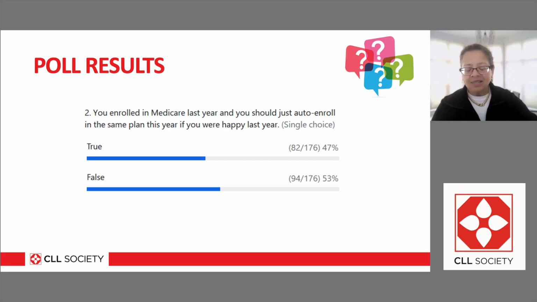And I would say the answer is false. Perhaps it had reason to be true for these past several years, but with all the changes in Medicare, especially in Part D, I'd like to suggest that the answer be false in this go-round, and we'll talk about why in just a few moments.